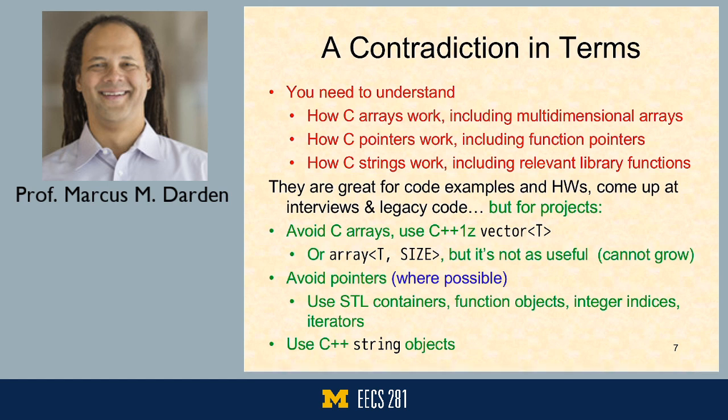When you can use the containers, it makes function objects helpful. We can use integer indices instead of pointers oftentimes, or even iterators when we're going to work on the entire container. An iterator works really well there. And we'll see how iterators are actually faster than integer indices used as accessors through square brackets. So if we know we're going to parse an entire container in the STL, use an iterator.